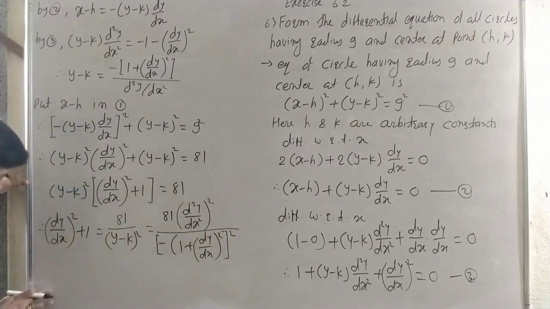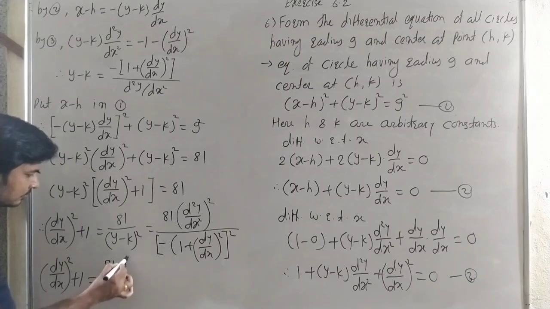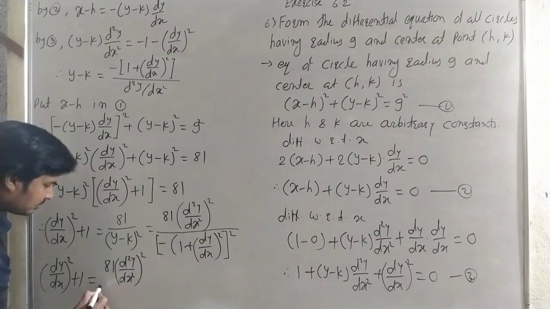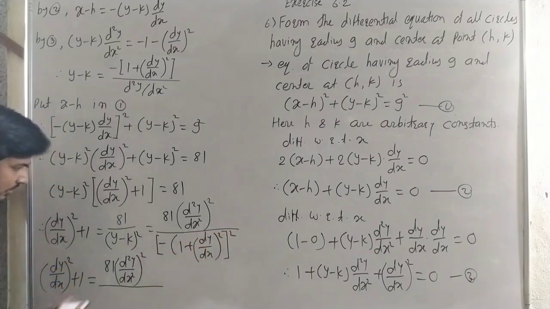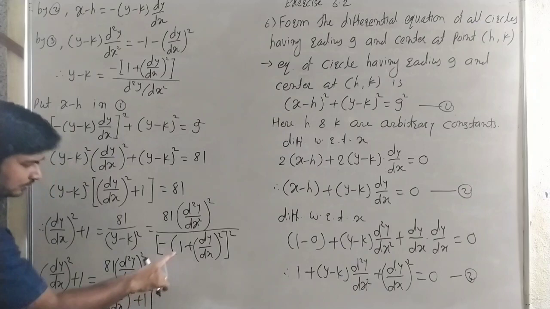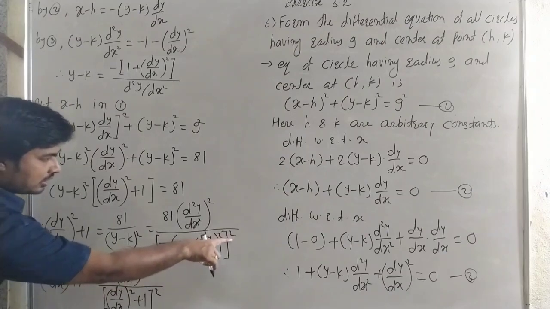Now (dy/dx)² + 1 is equal to this, 81 (d²y/dx²)² upon, and now here it is minus, and this square we can directly write: ((dy/dx)² + 1) whole square. See carefully, it is 1 plus (dy/dx)², and the minus we can write directly as whole square.